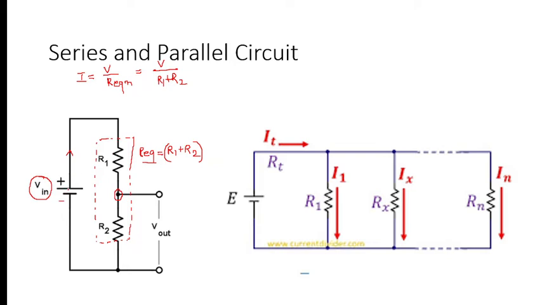Here also, whenever this element is connected with that element, a node has been created. Similarly, when this active element is connected with this resistance R2, another node has been created. So this is node 3. So in this series circuit, we are getting 3 nodes: number 1, number 2 and number 3.